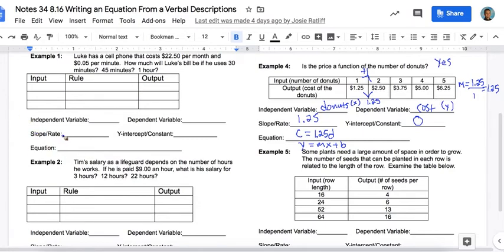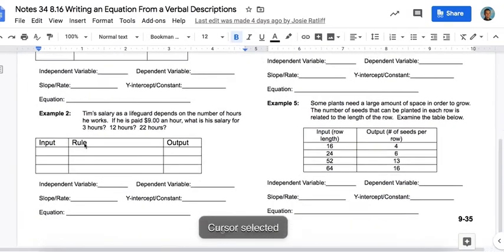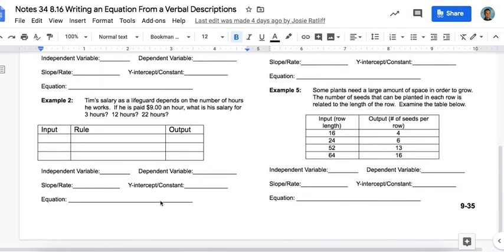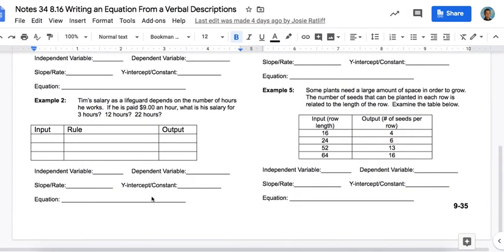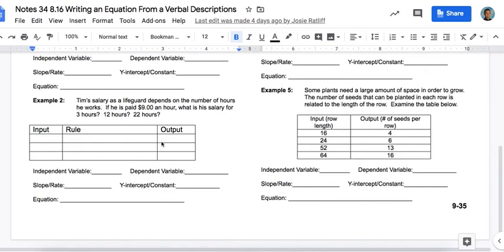Now let's look at our fifth and final example. Some plants need a large amount of space in order to grow. The number of seeds that can be planted in each row is related to the length of the row. Examine the table below. Okay, so our row length is going to be our independent variable, so let's just call it length. And that's going to represent x in y equals mx plus b.